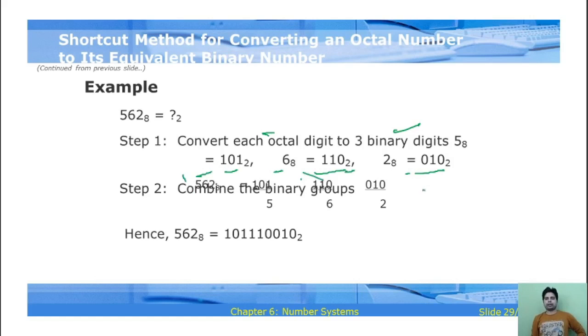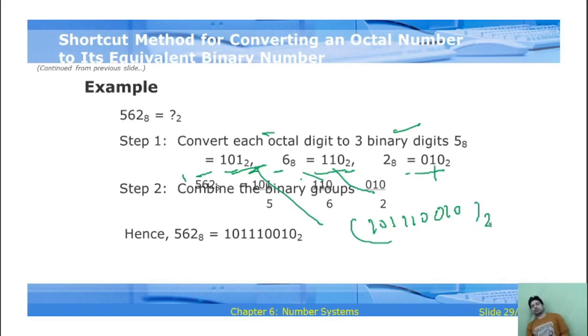Here we combine them: 010, 110, 101, in base 2. So the conversion of octal to binary is very easy. Clear?